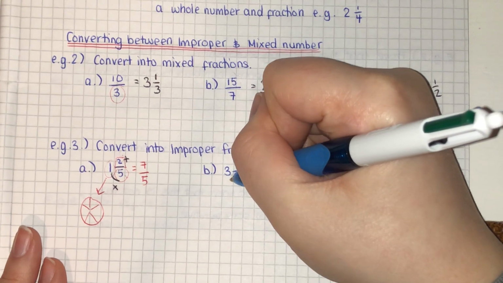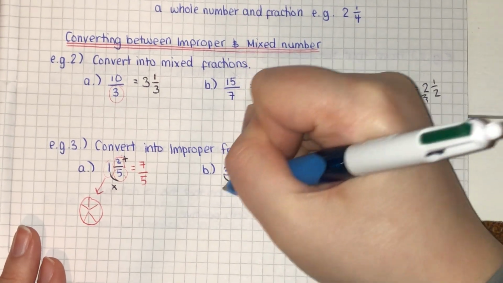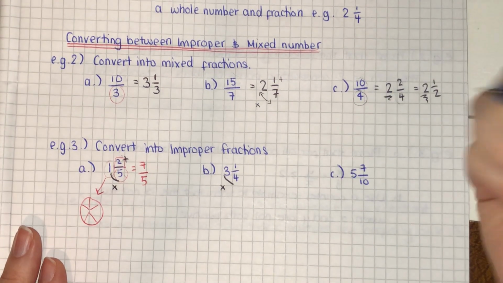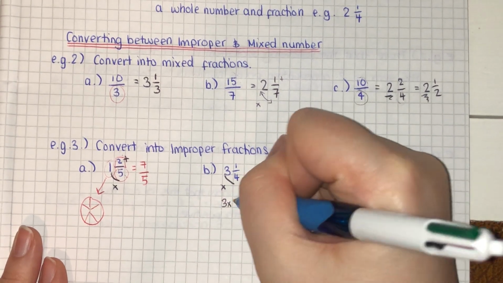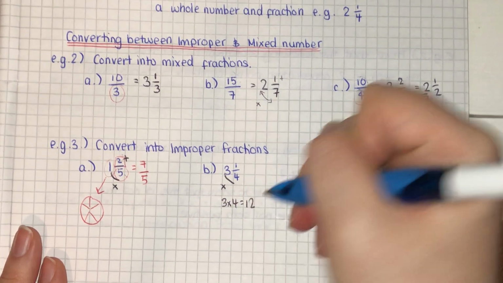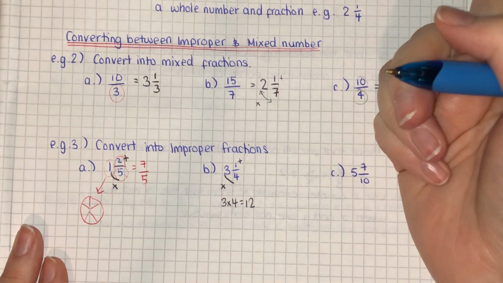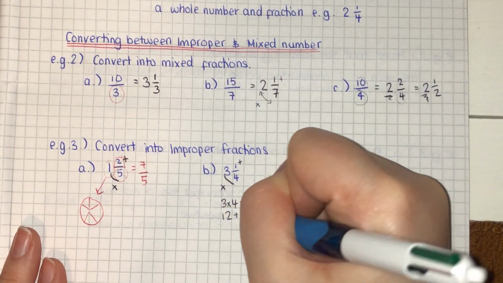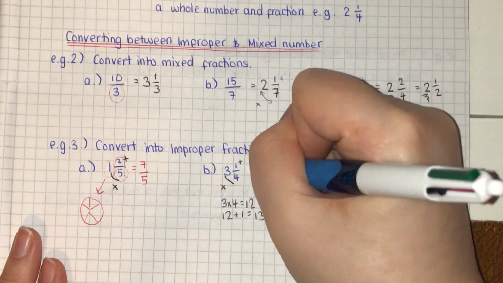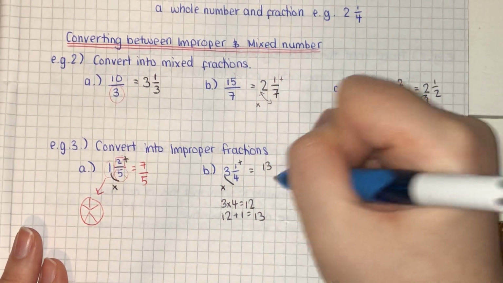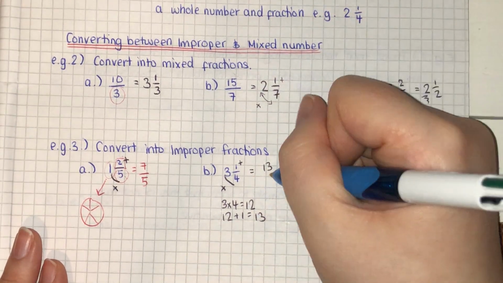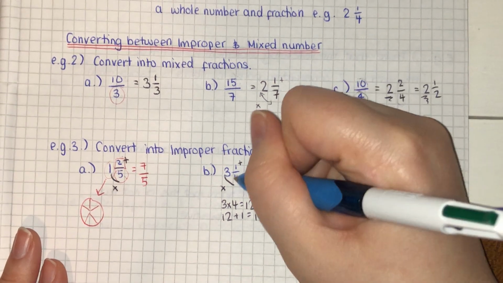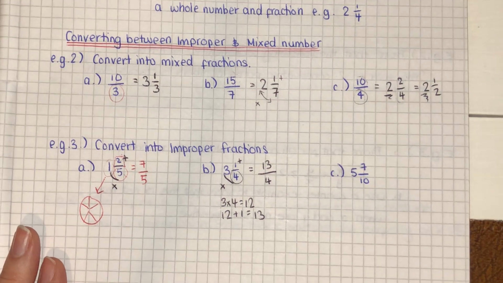The whole number, the 3, multiplied with the 4 gives you 12. Then we add on the 1 from the top of the fraction, so 12 add 1 gives you 13. So the numerator is going to be 13, and the base will still be 4 because it was 4 in the fraction at the beginning.